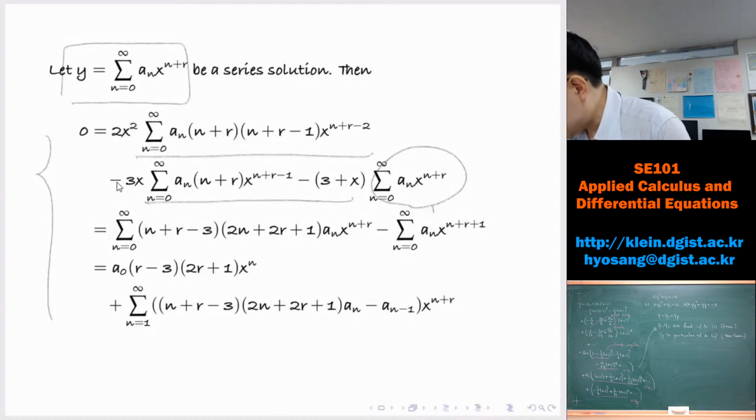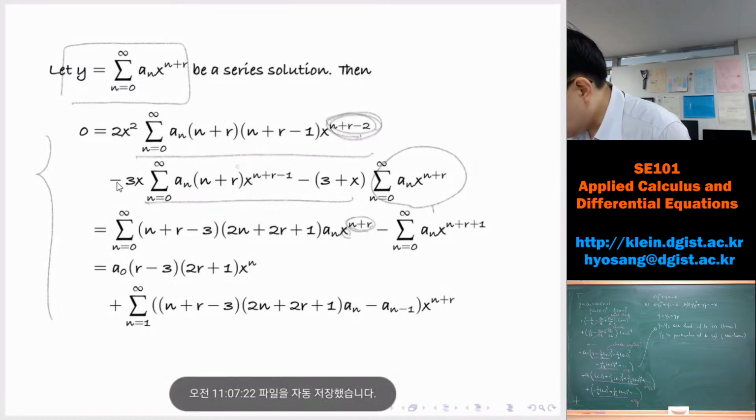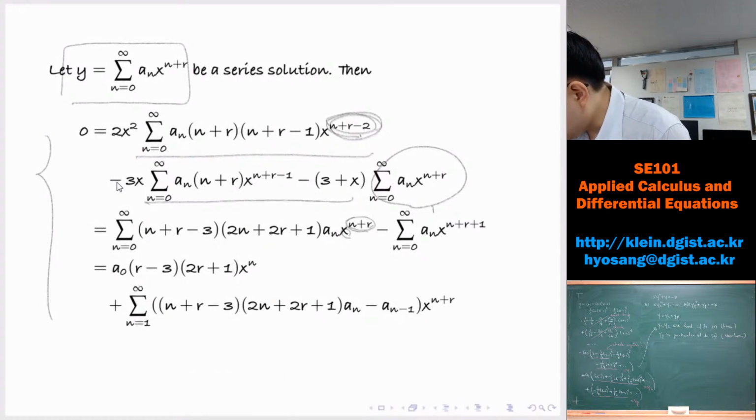I'm going to make the exponent of x inside each summand as similar as possible. We had x to the n plus r minus 2 in the first summand here, and I'm trying to make it n plus r, okay, by replacing.